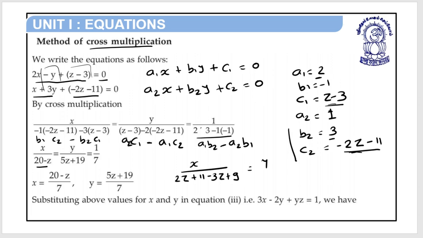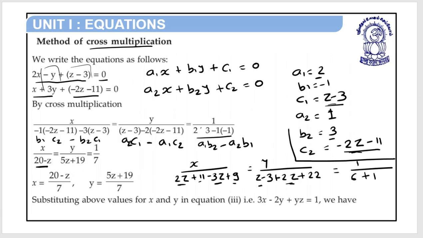Same way for y, z minus 3 minus minus plus 2z minus minus plus 22. And for 1, 2 3s are 6, minus minus plus 1. So 2z minus 3z minus z, 11 plus 9, 20, 20 minus z, z plus 2z.